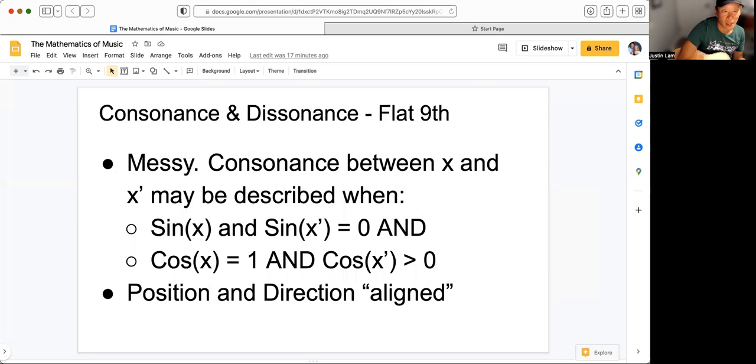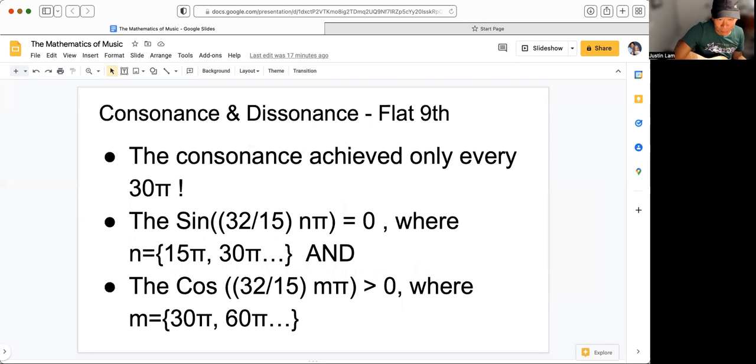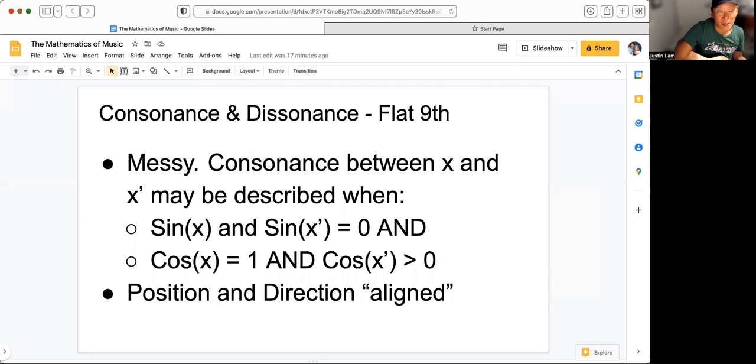And I calculated that basically by defining the consonance in these waves as, when there's an interval between x and x prime, the consonance might be described as when the sine of x and the sine of x prime are equal to 0, and when the cosine of x is 1 and the cosine of x prime is greater than 0. So in this regard, it's what I call aligned, where the position and the direction are aligned.